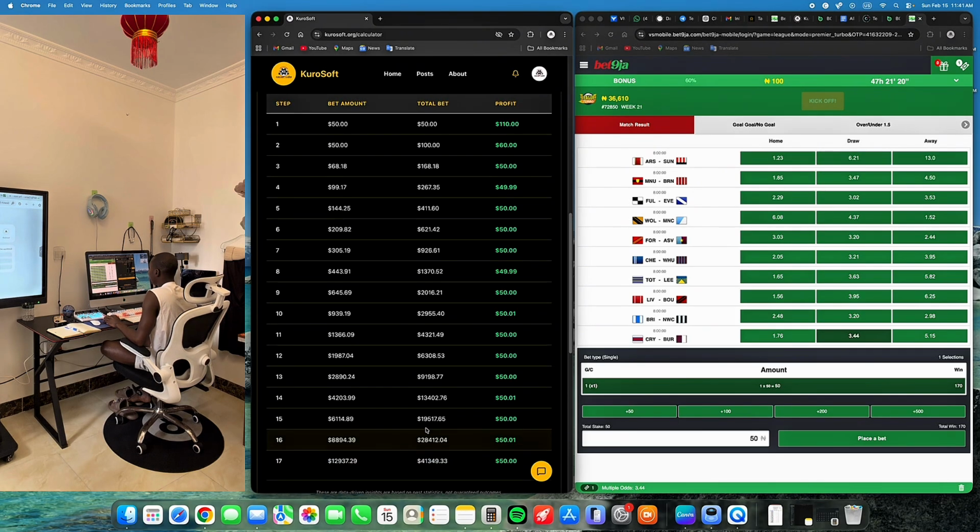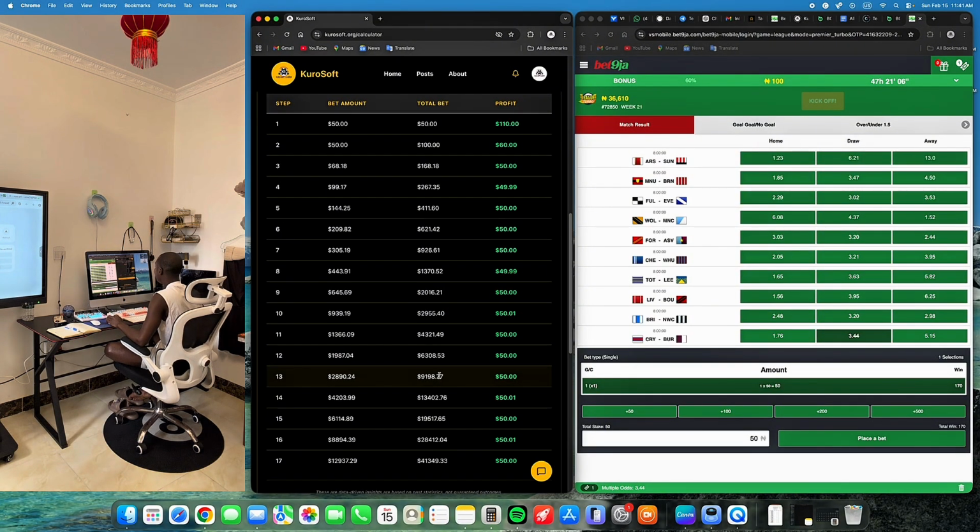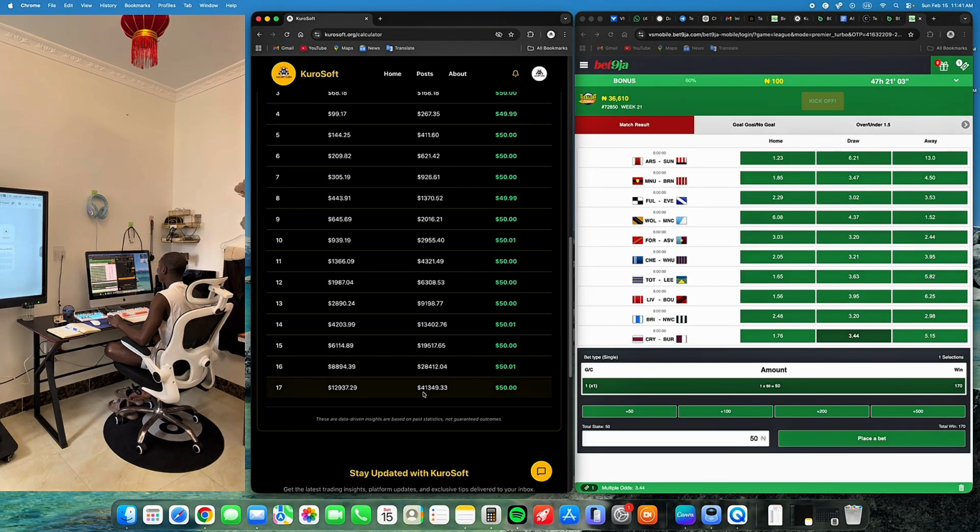I use the dollar sign for general usage, because most persons using it are not using naira, so that everyone can just assume it equals their own currency. But if you ignore the dollar sign, you see that it's 41,349. So if you are using naira, you just assume it to be naira.